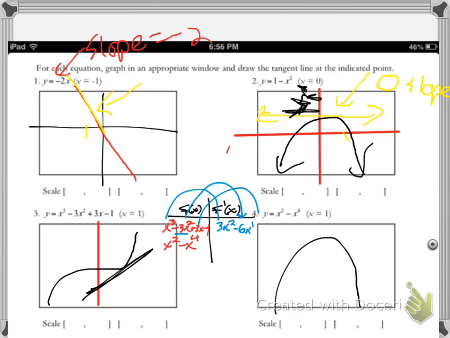Now 3x to the first, we didn't get to that in class, but the derivative of that is 3, because the 1 from the x to the first comes out front. 1 times 3 is 3. x to the, if I take it down by 1, becomes x to the 0, which ends up being just plain old 3.